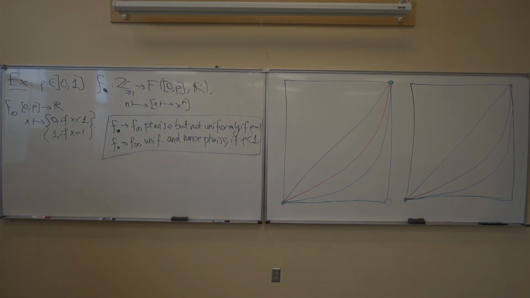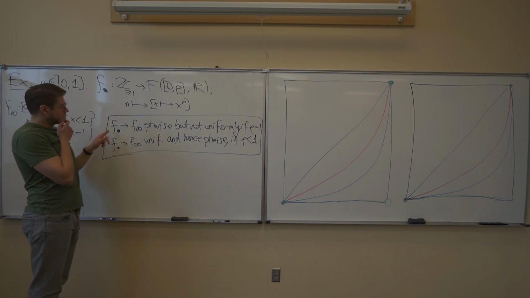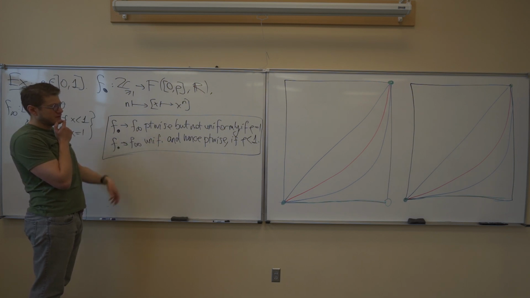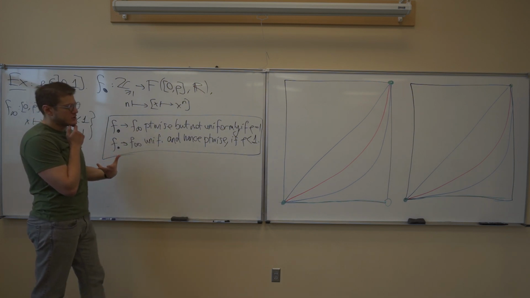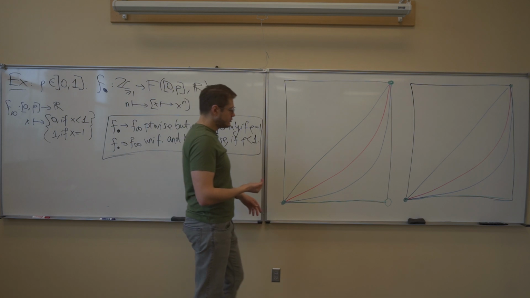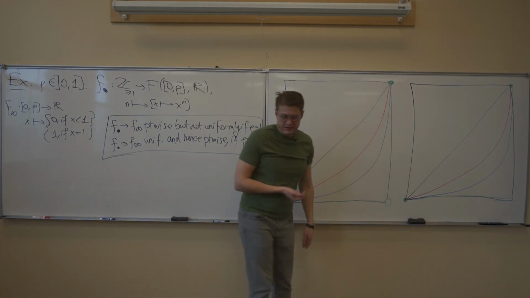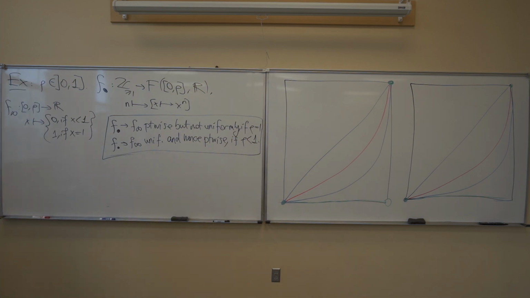So what do we want? We had talked about this, that f sub n converges pointwise to f infinity. And how did we do that? Well, you fix an input value. In other words, you fix a vertical. You take a slice that gives you a vertical sequence.